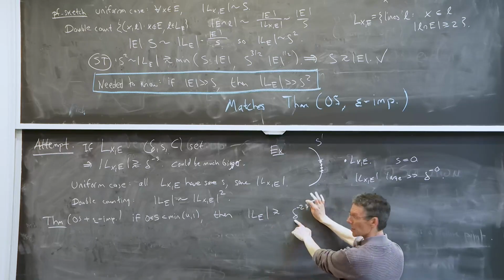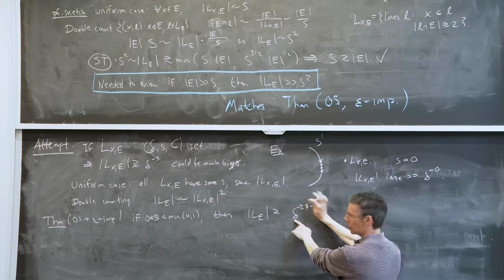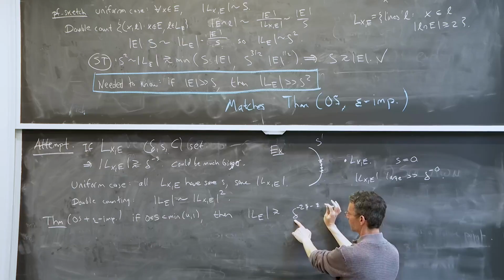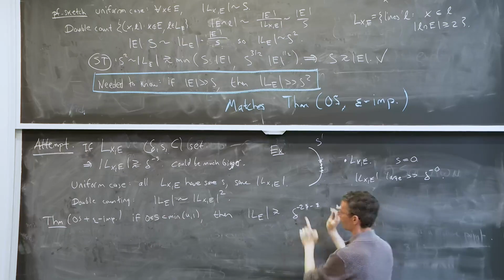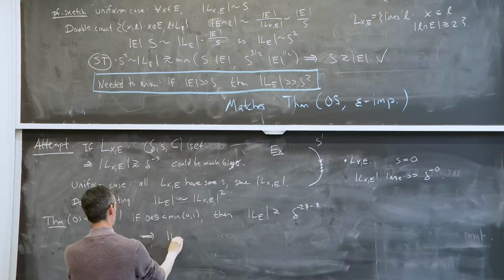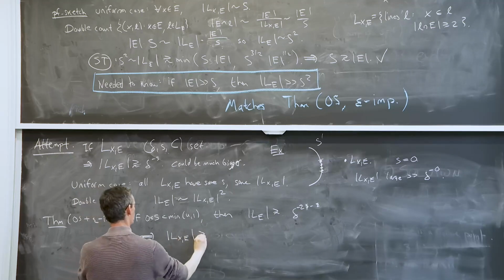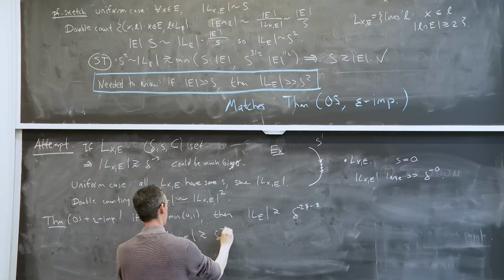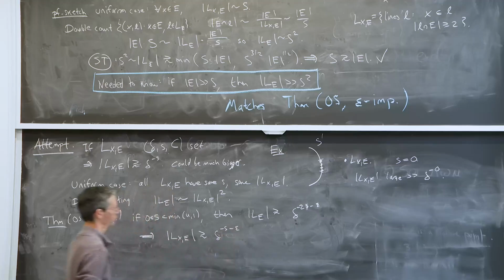So that this would be the classical bound. And then we have this. OK. And then we're interested in L_x^E. That tells us that L_x^E is at least delta to the minus s minus epsilon.